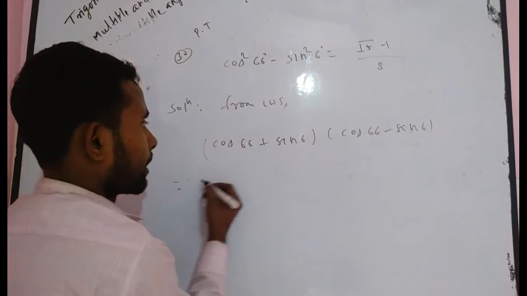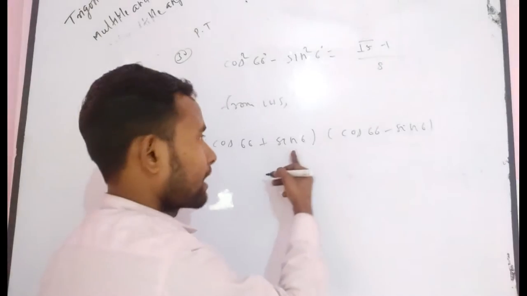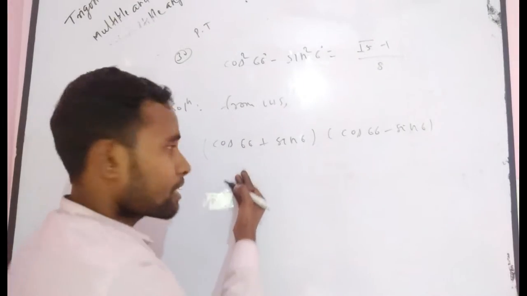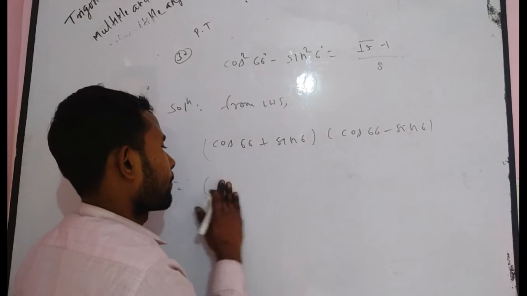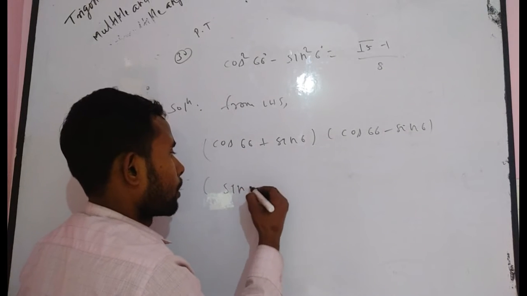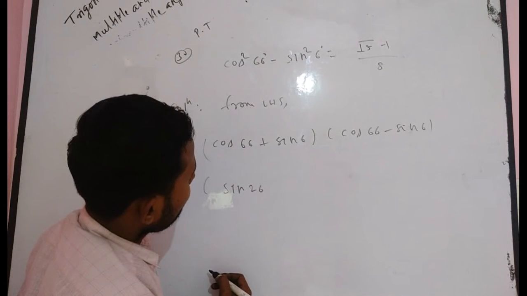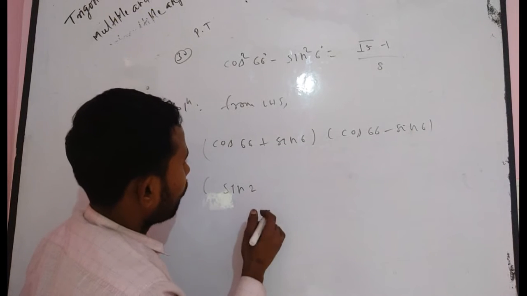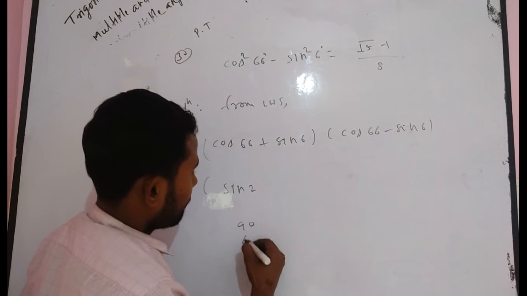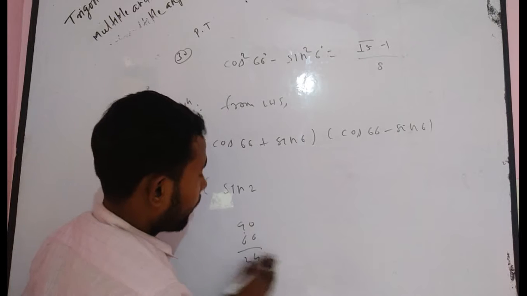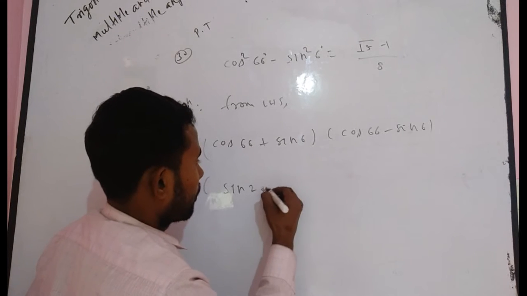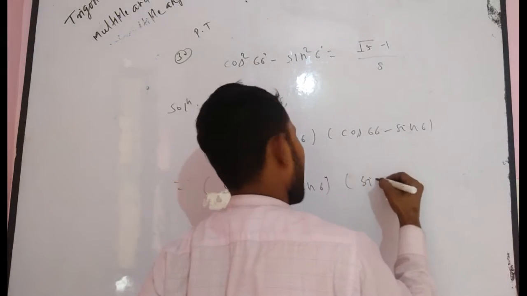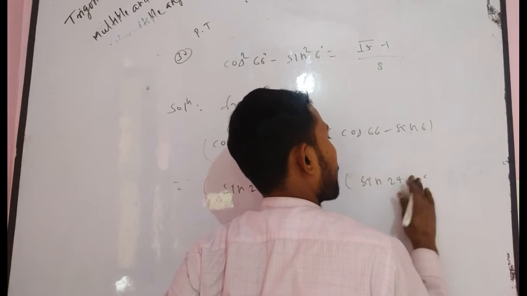Now here cos 66 can be written as sin 24, plus sin 6, and it will be again sin 24 minus sin 6.